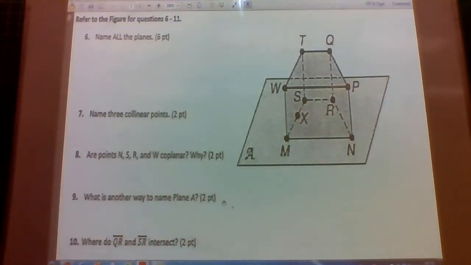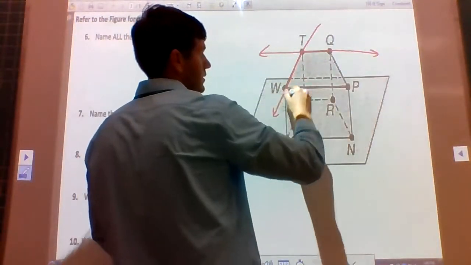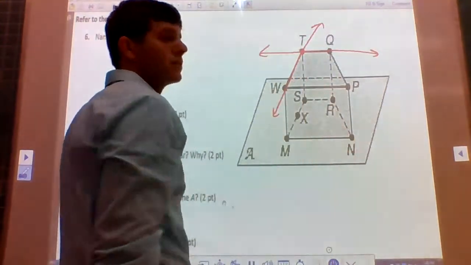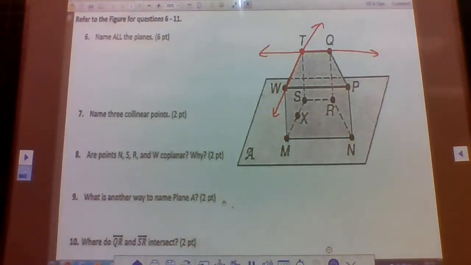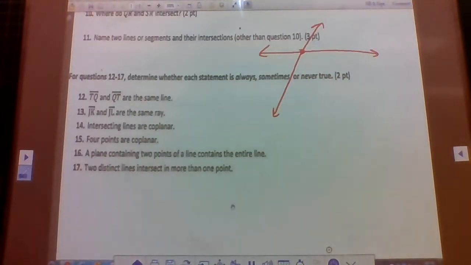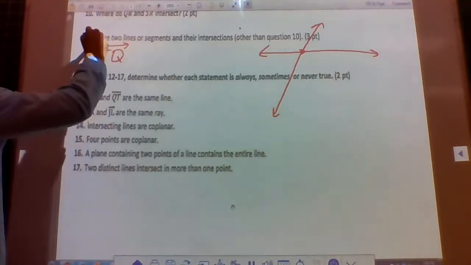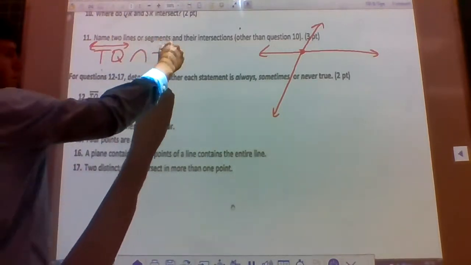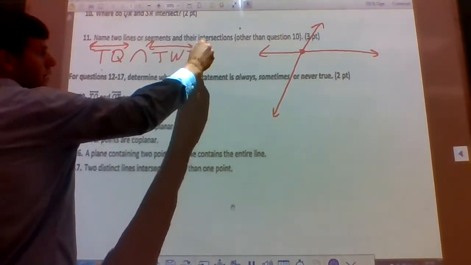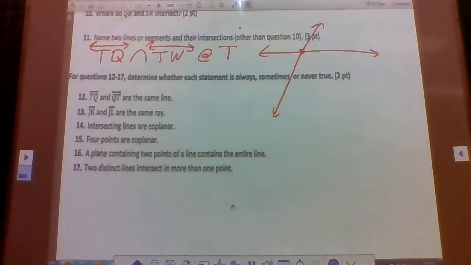So how about TQ and TW, and they're going to intersect at point T. So line TQ intersects line TW at point T. Those 2 lines always meet at exactly 1 point. If 2 lines intersect, they're going to intersect at exactly 1 point.